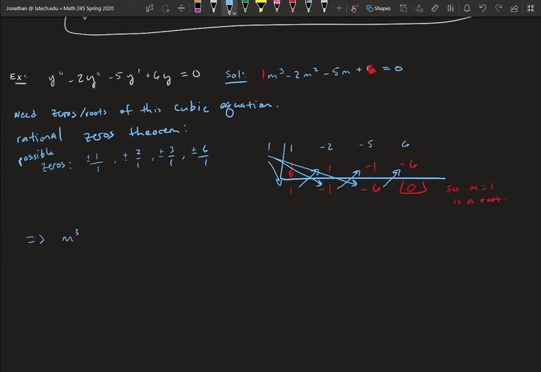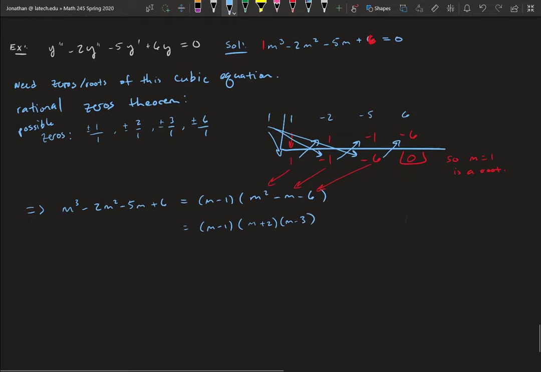that m cubed minus 2m squared minus 5m plus 6 can be factored as m minus 1 times m squared minus m minus 6. And now we can factor that one as m minus 1 times, and let's see, I think it's going to be m plus 2 times m minus 3.